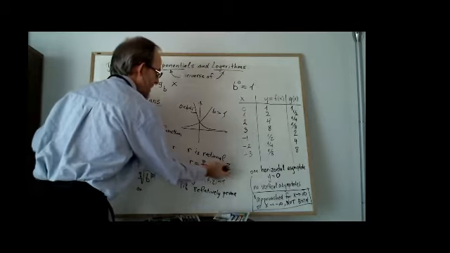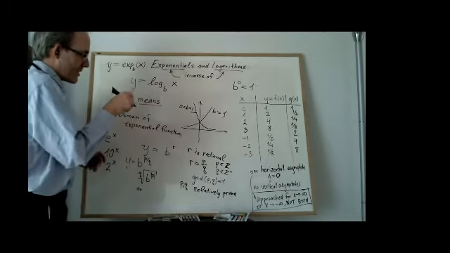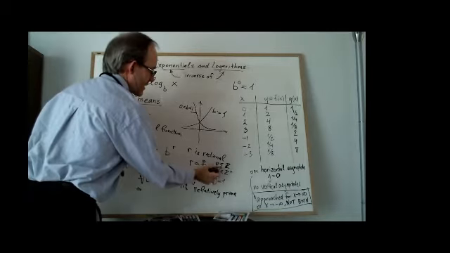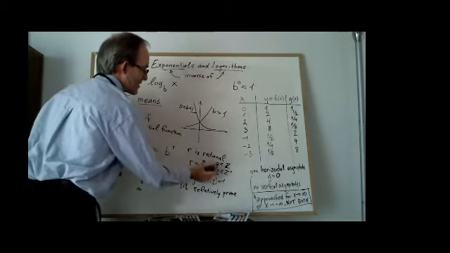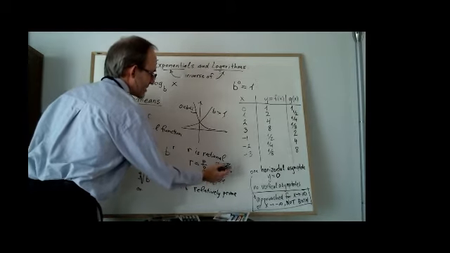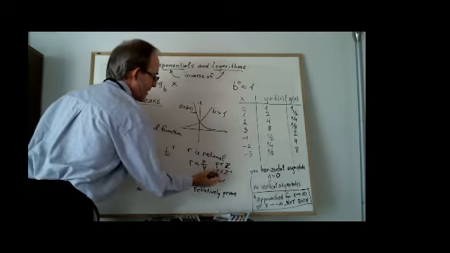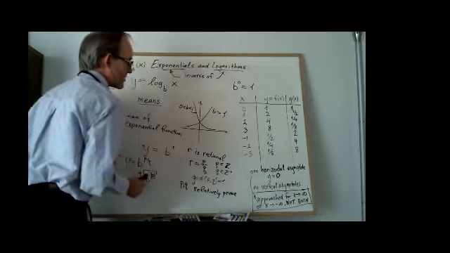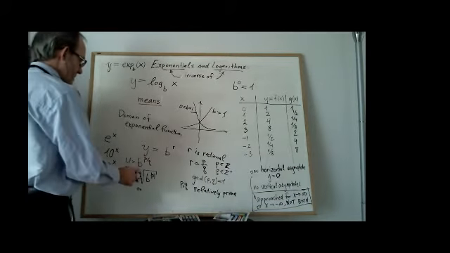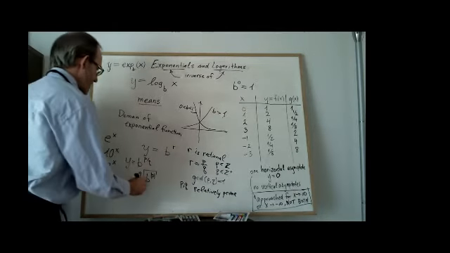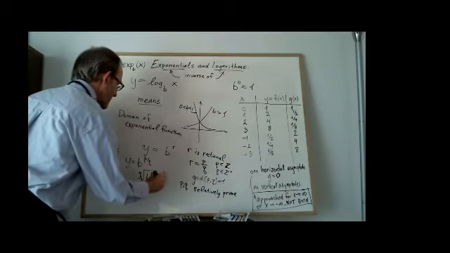This symbol means contained in. So we say p is contained in Z, the set of integers, and q is contained in the positive integers. Okay, and this would be the result if p is positive.